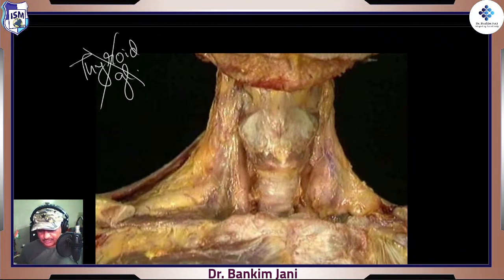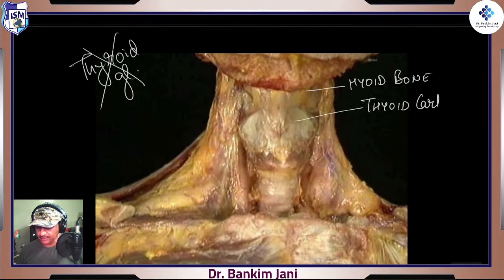First thing first, what we watch over here is the hyoid bone, right? Now we know this bone very well. And then there is very famous thyroid cartilage, right? So that's the thyroid cartilage. And in between, it is the membrane, right?